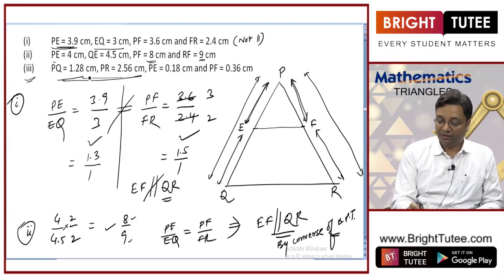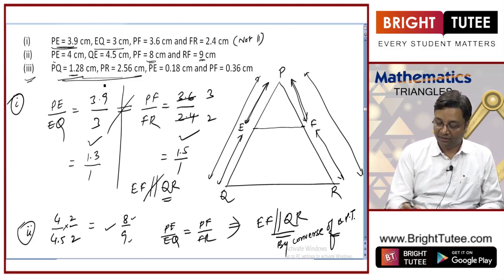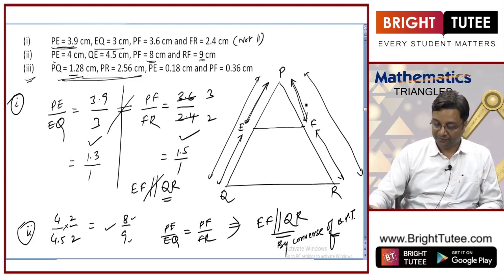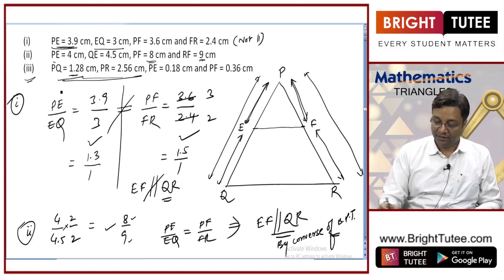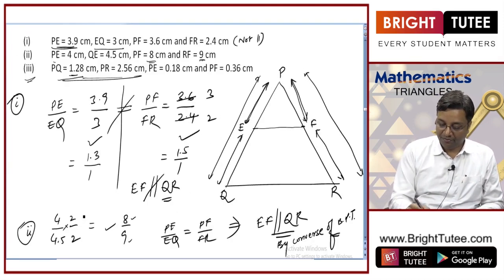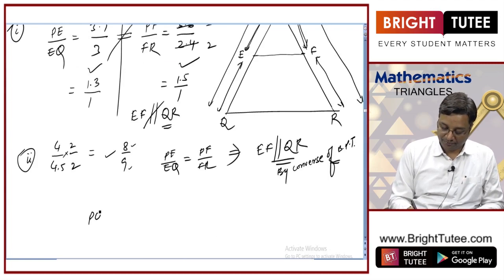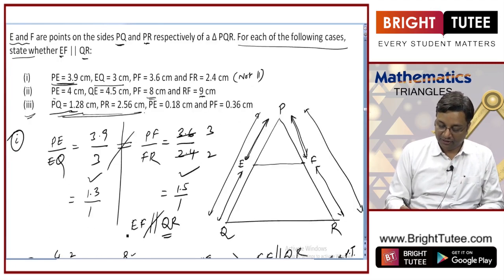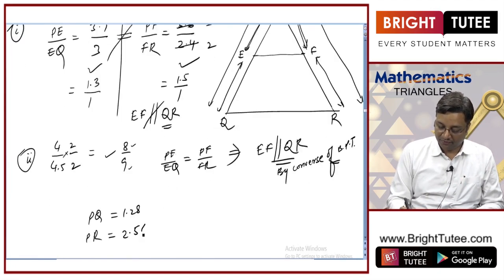I will directly solve it here itself. PQ, that means this complete side, by PR. PQ is 1.28, PR is 2.56.